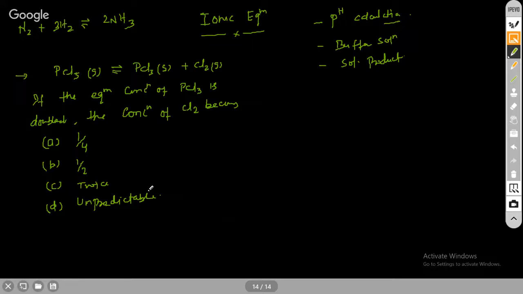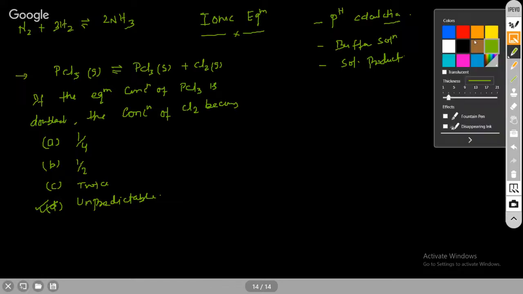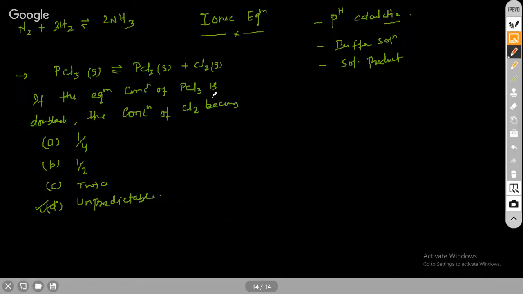Actually, the answer for this question is D, unpredictable. We cannot predict it. The only thing we can say is that when you add product, the concentration of product increases. When you are adding PCl3, the concentration of product is increasing, so obviously the reaction starts going in the backward direction.